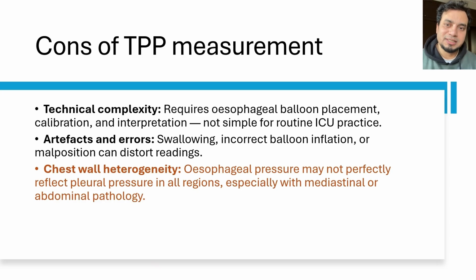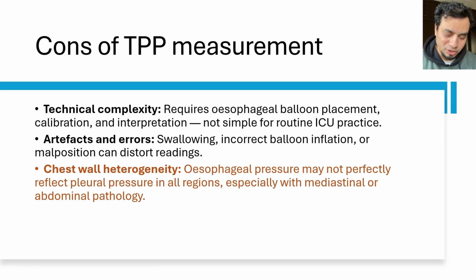ARDS is a heterogeneous disease, and it can even cause pleural abnormality, sometimes subpleural consolidations and all. In those cases, it may not be reliable. Regional ventilation, regional perfusion, all those things are coming from research to clinical practice slowly over time.